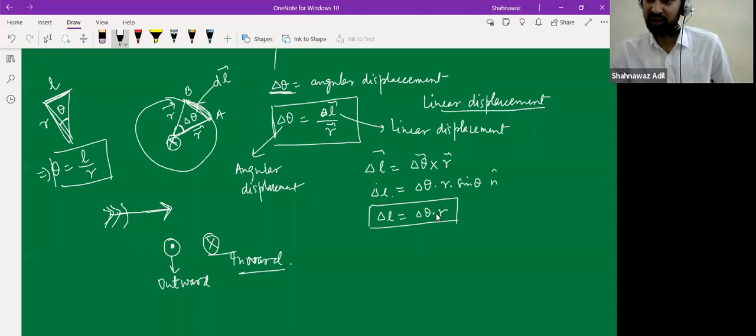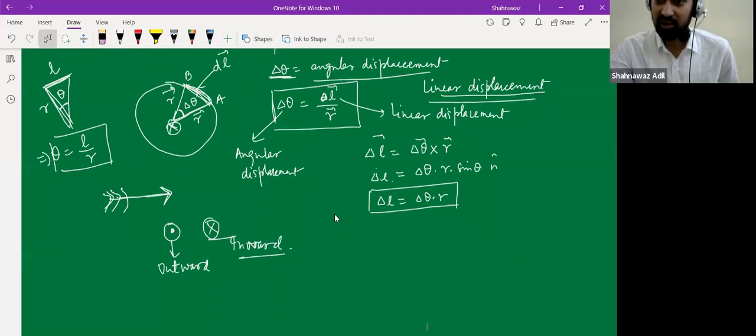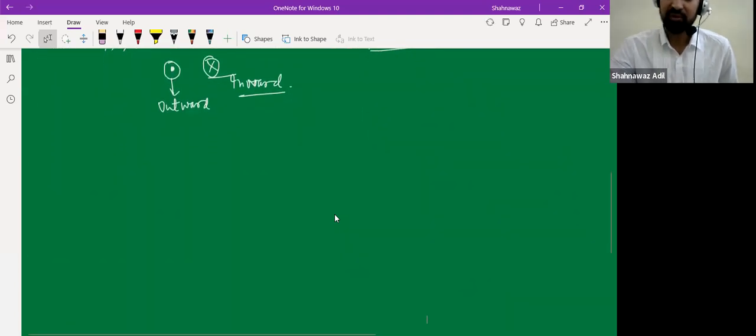This is not the dot product. This is just the multiple. Understood about the angular displacement and the linear displacement? Yes, sir. Now you have the angular velocity.